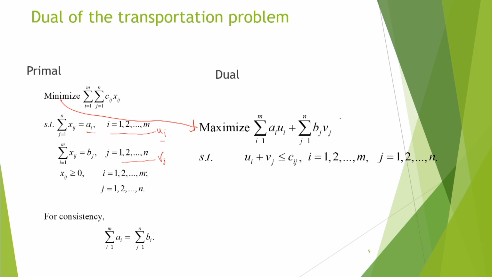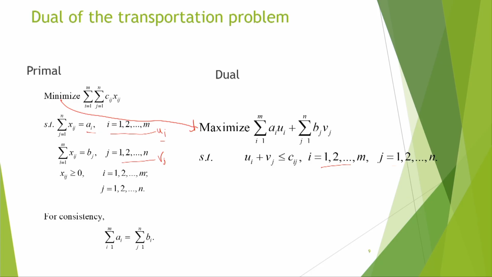That is the objective function. Now the constraints: because there are basically m into n variables, corresponding to each variable, for i from 1 to m and j from 1 to n, you have to write a constraint.